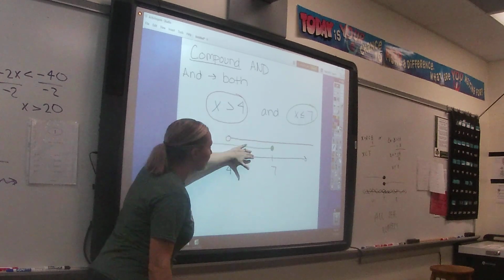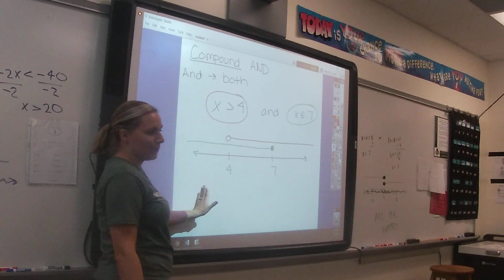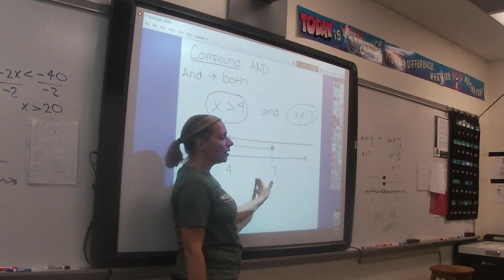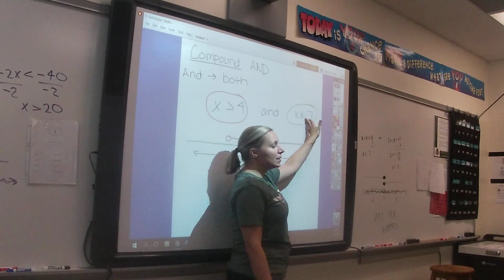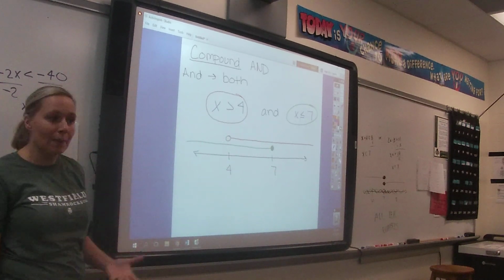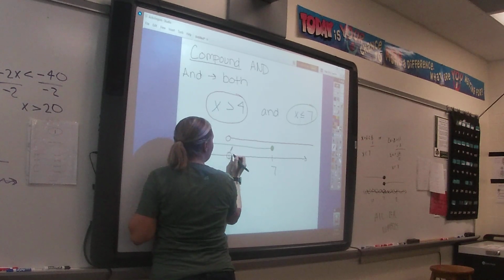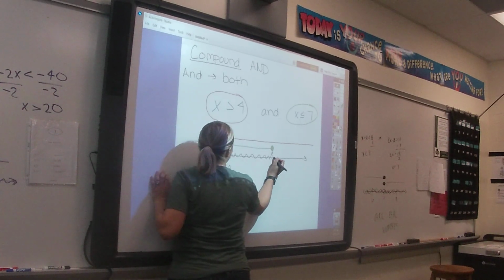Just like before, where it's falling down and touching the ground, how many times does it get touched over here? Once. How many times here? Twice. How many times here? Once. So where are they both happening? In the middle. So that is what is getting copied down onto our number line.